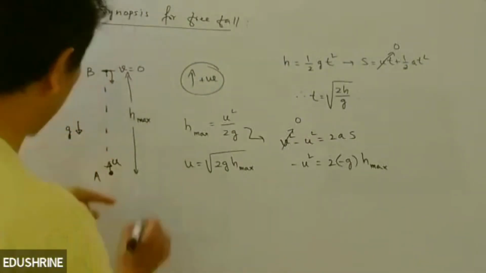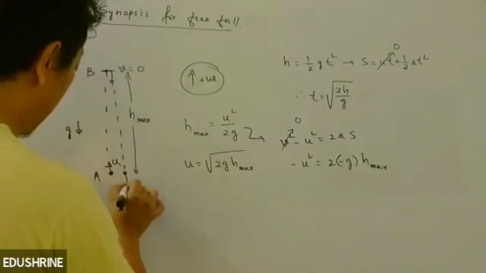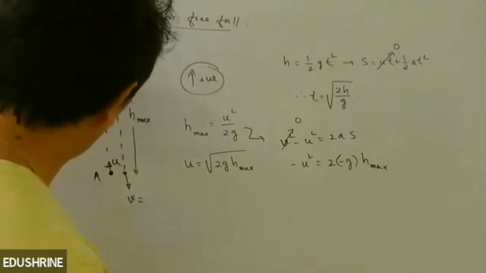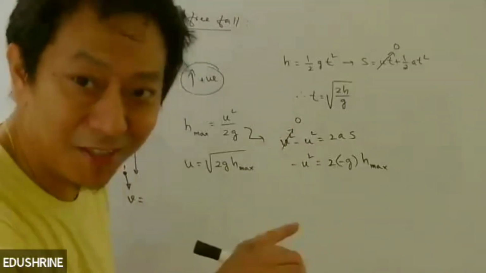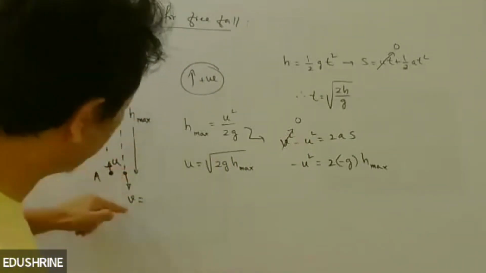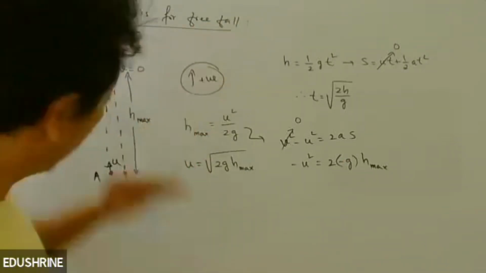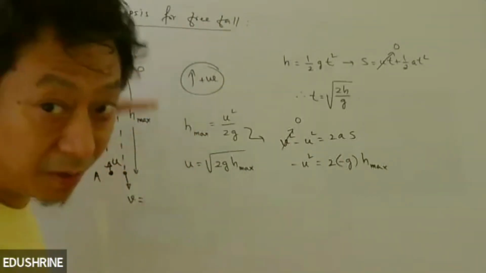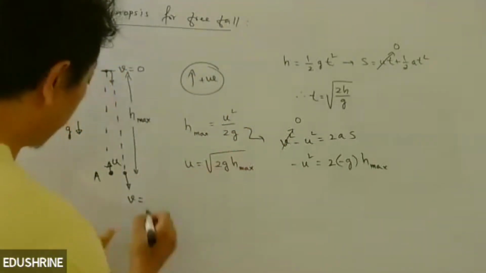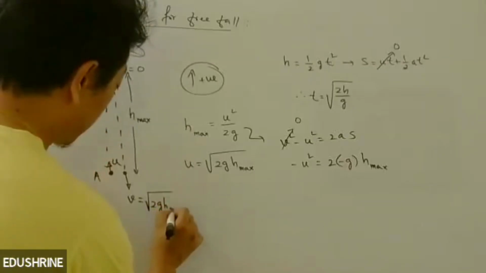By the way, when it comes back and reaches here, if somebody asks you what is the final velocity, what will you say? While coming back it is the same as the previous case, from 0 speed to this speed. Yes or no? So what will be v? Root over 2gh, but h is h max.